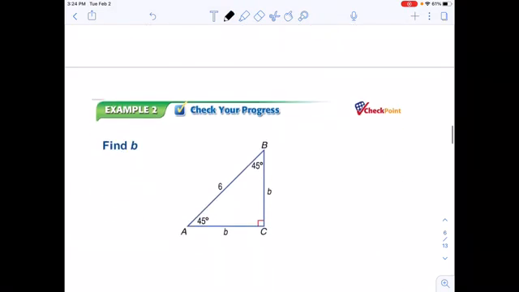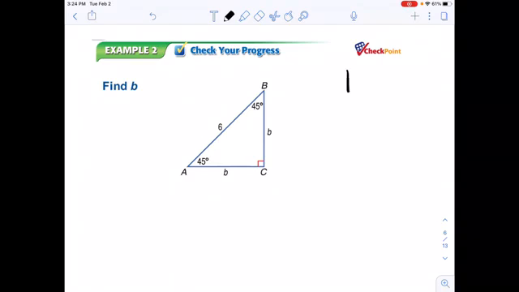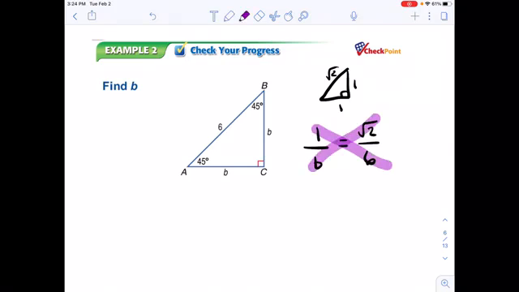So we'll do the same thing on the next one. Set up my similar triangle, like so, and I have 1 over b equals root 2 over 6. Cross multiply. I get root 2b equals 6.